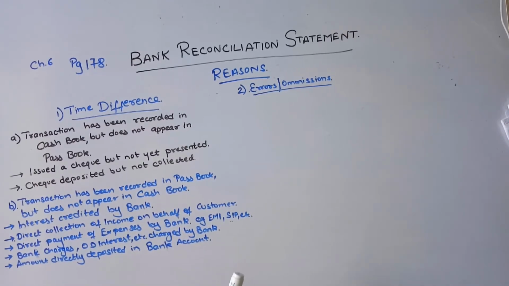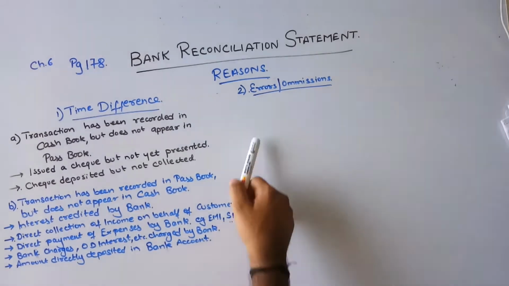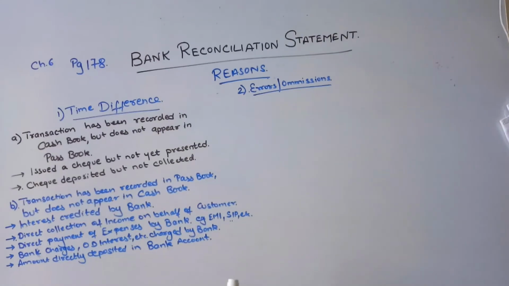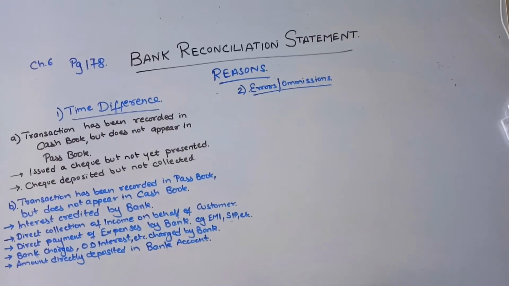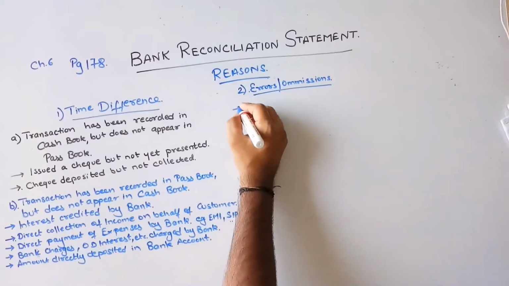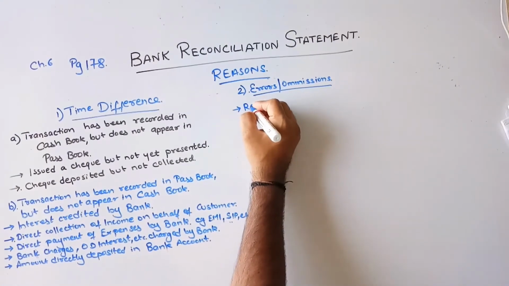A complete omission or a partial omission is there. This is known as a partial omission of a transaction which has happened over here. So let's say, for example, number one, you have recorded a wrong amount.